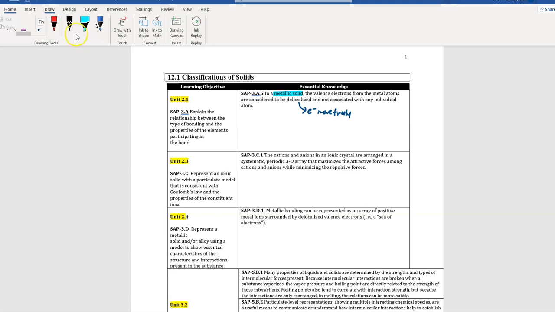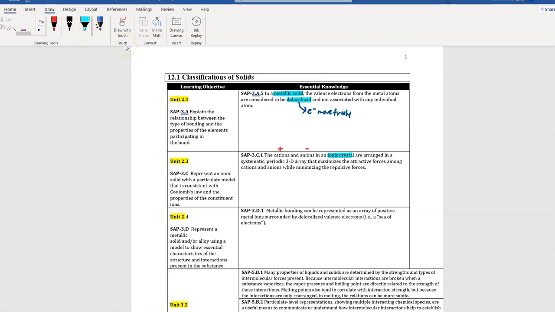So anytime you see that word delocalized, you definitely want to make sure that you understand what it means. The cations and anions, so remember cations, those positive, anions, those negative, in an ionic crystal. So ionic solid is another one.